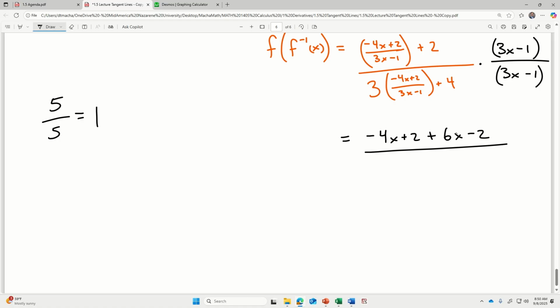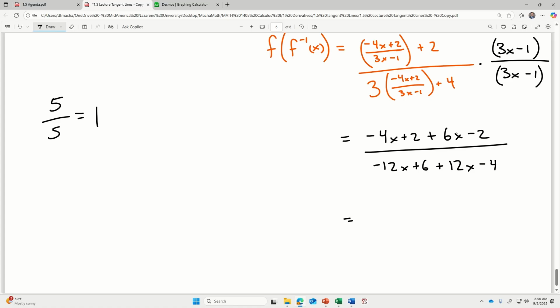So that's my numerator. In the denominator, let's distribute the 3 to get negative 12x plus 6 inside the parentheses. And then this 3x minus 1 cancels that 3x minus 1. And then I'm going to distribute the 4 so that I get 4 times 3 is 12x minus 4.